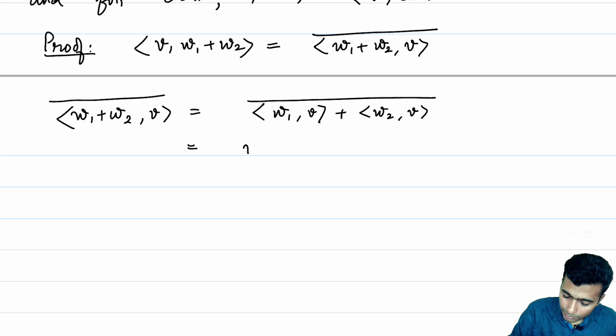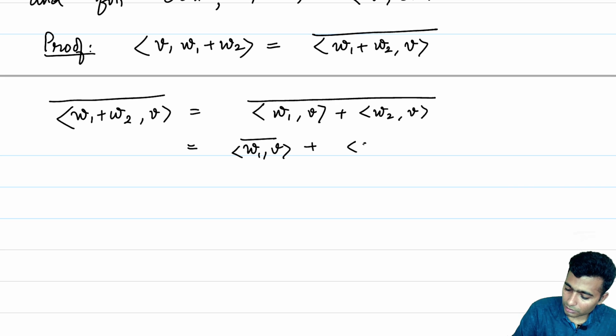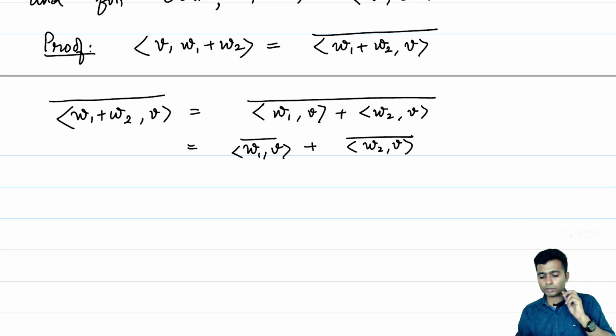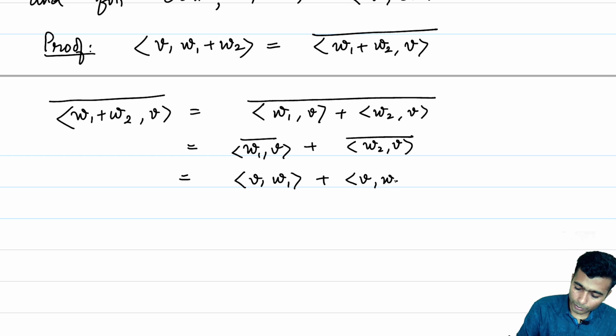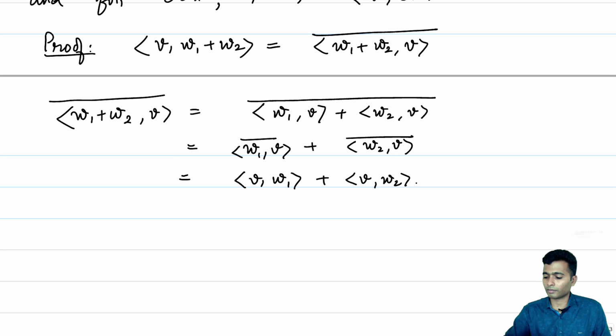So, this is just going to be equal to the conjugate of W1 comma V plus the conjugate of W2 comma V. Now, we use the conjugate symmetry of the inner product again to conclude that this is V comma W1 plus V comma W2, and we are done.